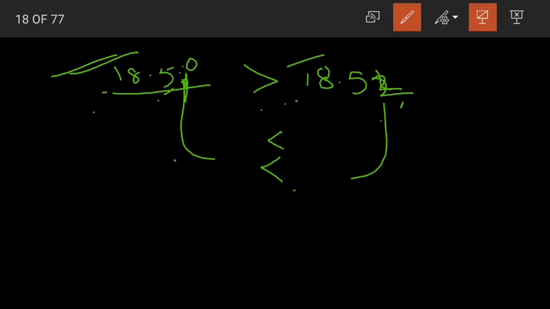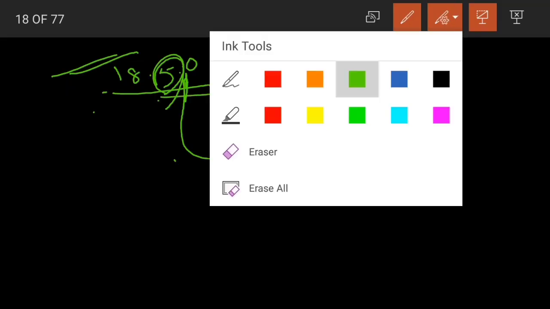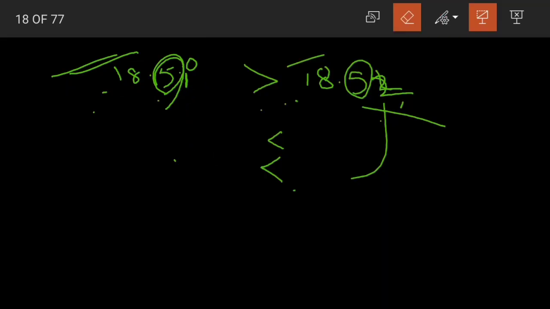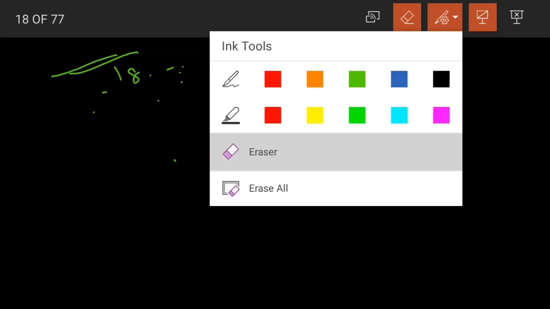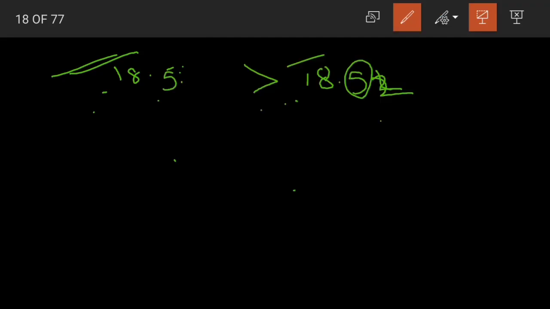Understood children about the comparison of decimals? If you do not want to convert them into like decimals, only compare the digits in the same place. These are the two ways. One, you can convert them into like decimals and compare directly. If we convert this into like decimals, we had 18.5, here we have 18.52, so it will become 18.50.